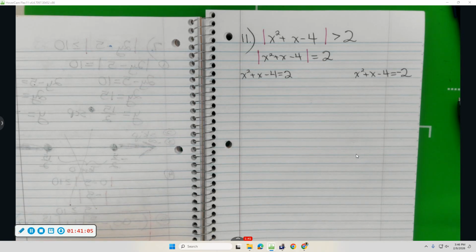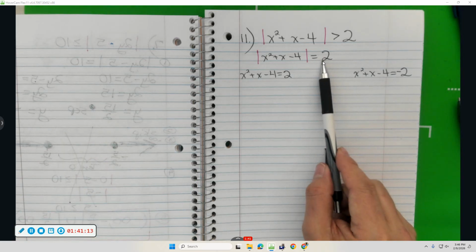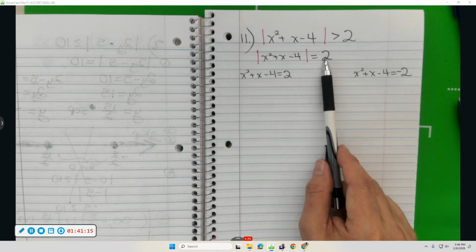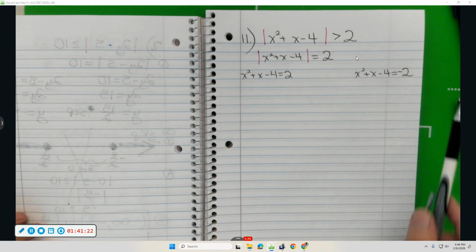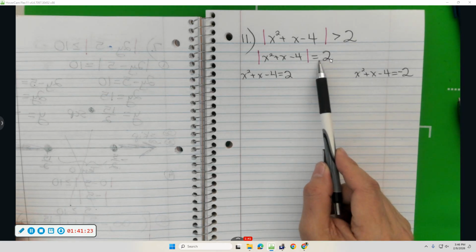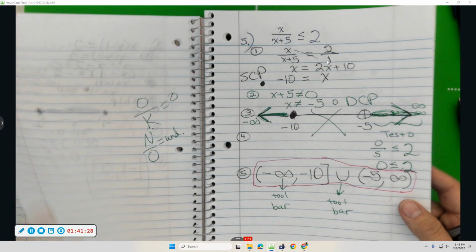When you were gone on Wednesday, I made up an example. I didn't really make it up. I looked ahead to see what number 11 was going to be in today's assignment. Look at that equation we just solved, that we're going to have to solve. Look at what we did there.